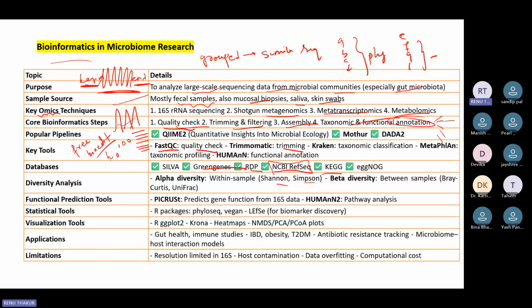For visualization, statistics, and different functional prediction tools, different kinds of software are assigned in bioinformatics. For this reason we go for bioinformatics analysis, and it becomes easy for us to do a lot with whatever sequencing data we have received.